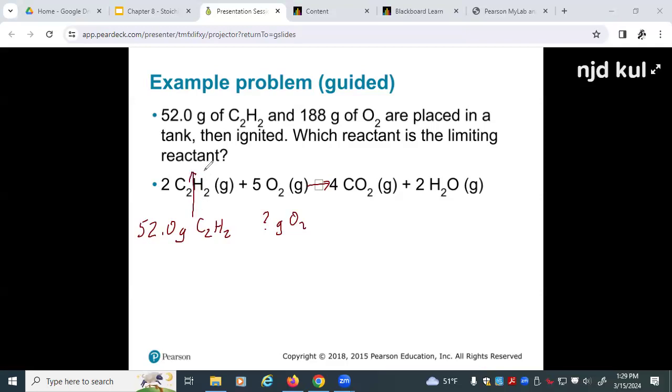So just like we mapped out on Wednesday, we're going to need 3 conversions to do it. We're going to turn the grams of acetylene into moles. We're going to turn the moles of acetylene into moles of oxygen. And then finally, we're going to turn the moles of oxygen into grams.